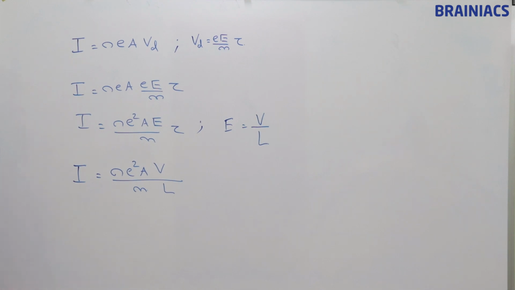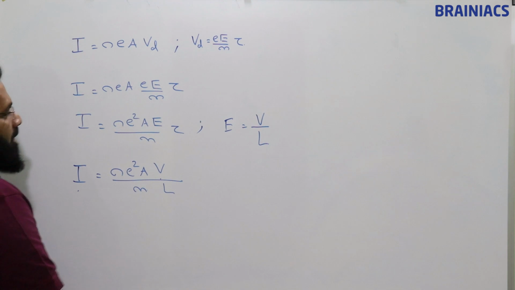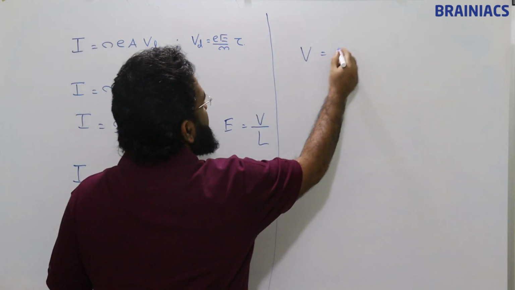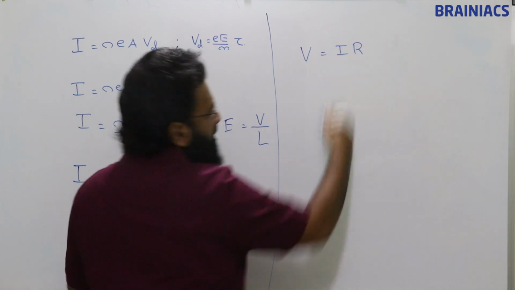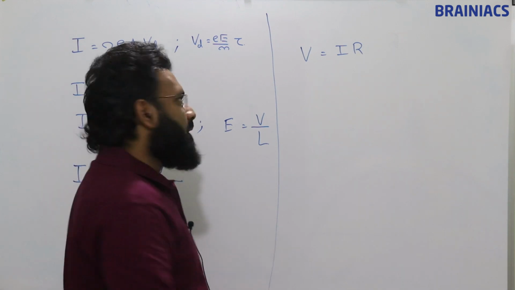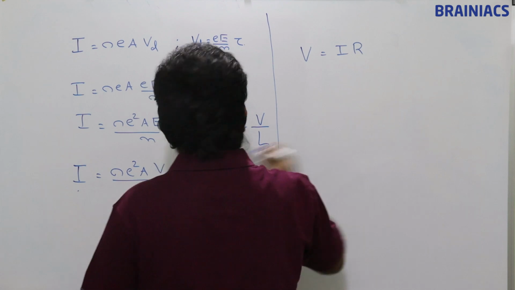Okay, now we have studied V is equal to IR. In your 10th class also you have studied this equation, and we have solved problems also. So likewise we will rearrange this.